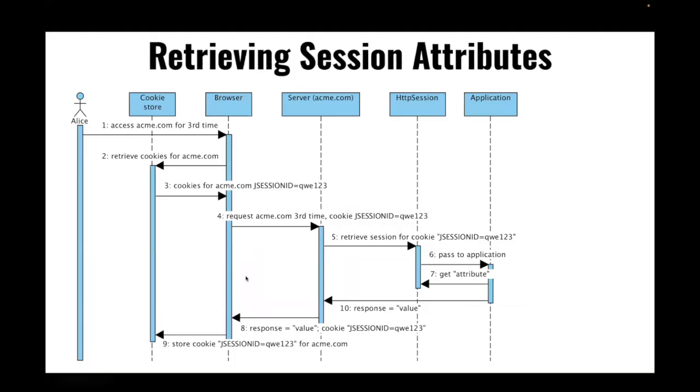In a third call, again, the cookie will go out in the header, will retrieve the session object, and the application can retrieve the session object, so I can write to the session, I can read from the session, from my application. And then respond with the cookie so that I reset the timeout.